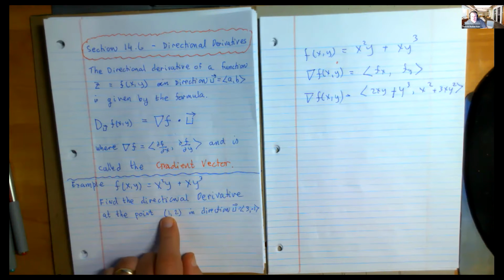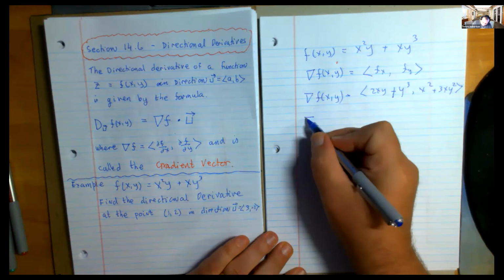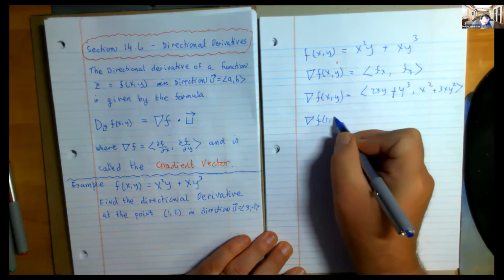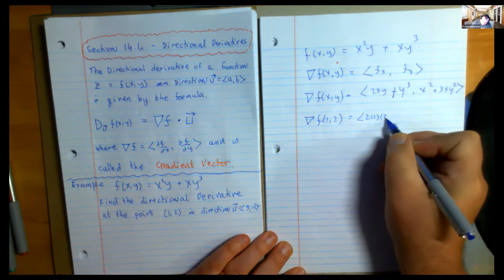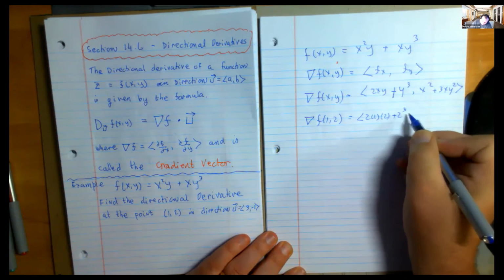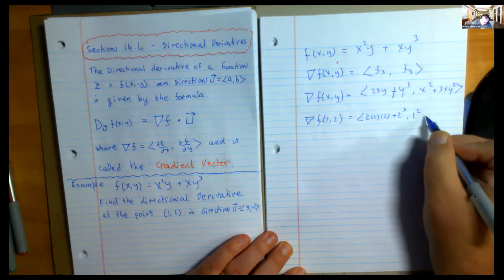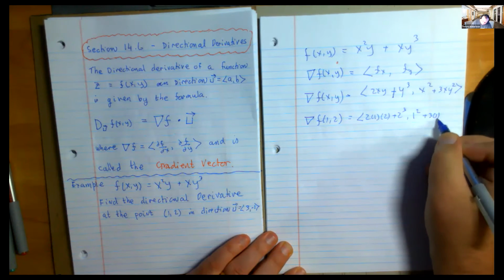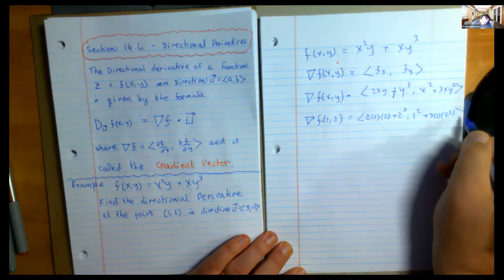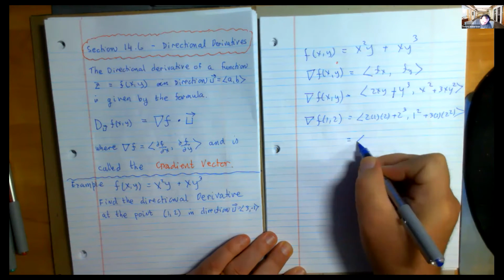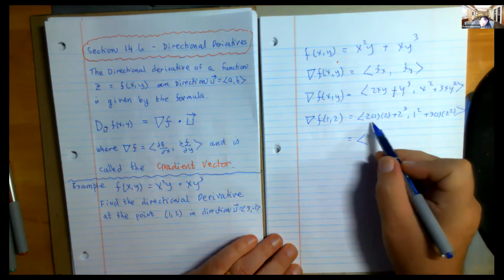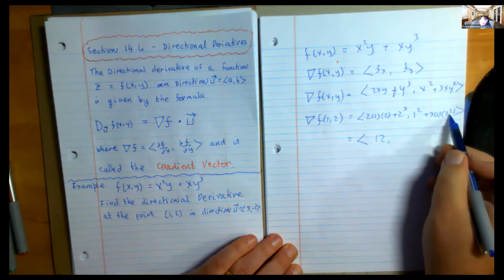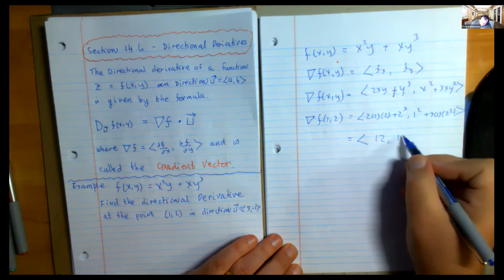Now I'm interested in this question at a specific point. So I'm now going to find the value of the gradient vector at 1, 2. So that's going to be 2 times 1 times 2, add 2 cubed. Then 1 squared plus 3 times 1 times 2 squared. So the gradient vector at that one specific point is going to be 8 add 4, which is 12, and 12 add 1, which is 13.